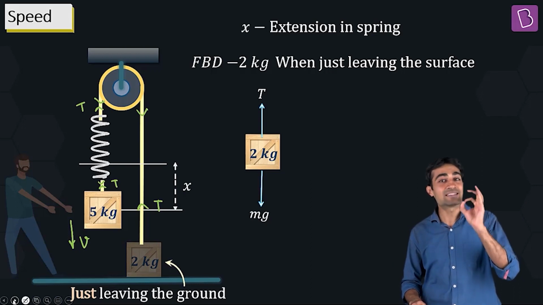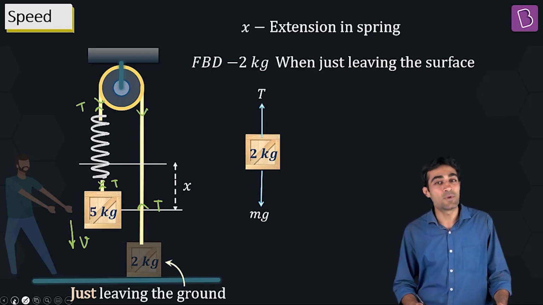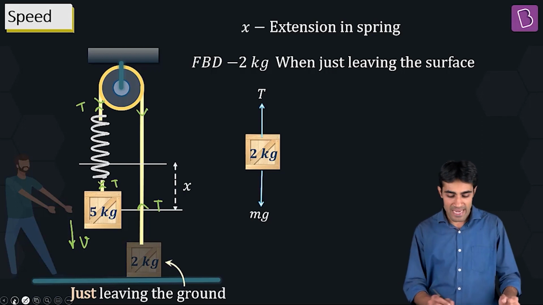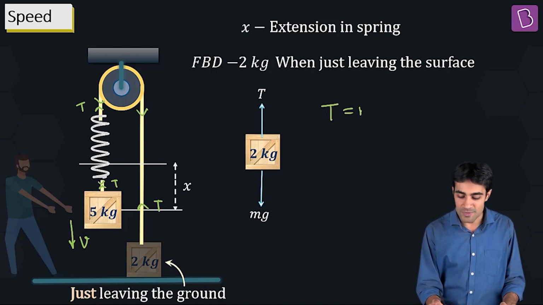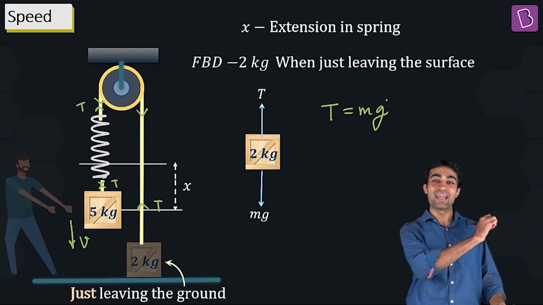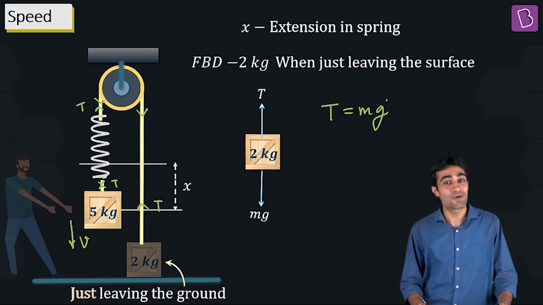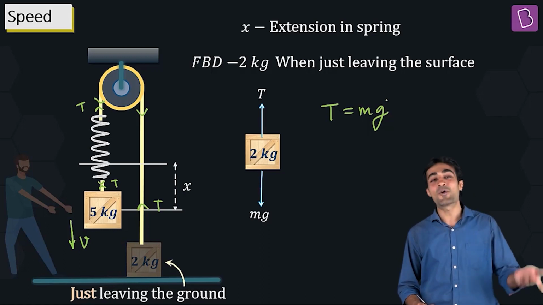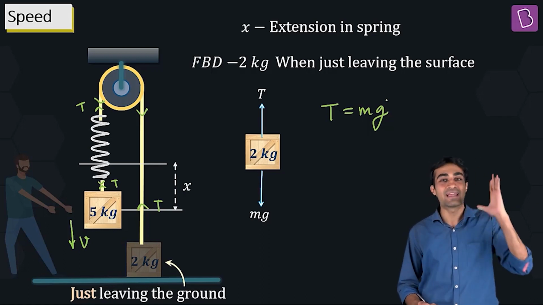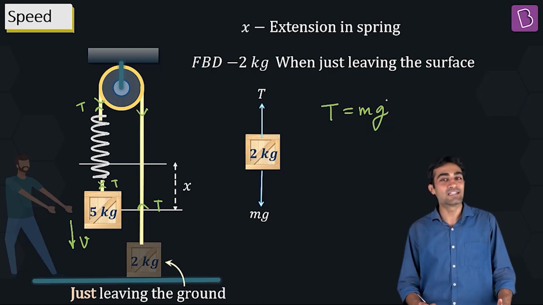And we can say if the acceleration of the 2 kg block at this point is 0, tension is equal to mg, right? And why did we have this tension in the rope? Because there was some extension in the spring. What was the extension in the spring?